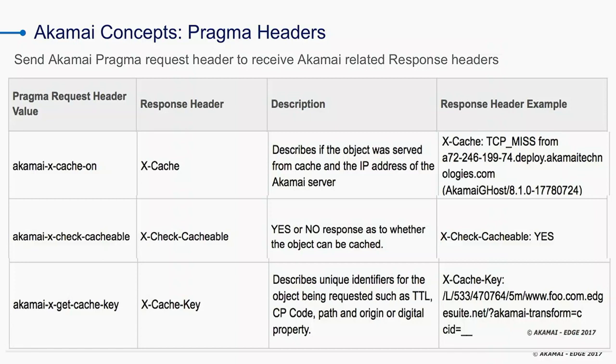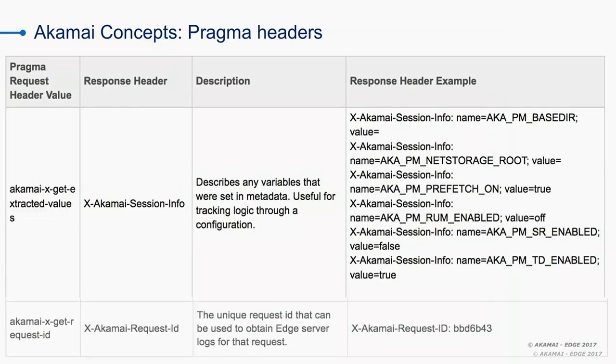And if you're doing any sort of cache key manipulations, for example, adding query strings because you're doing geographical based caching, serving different content to different geos, and you're changing that on Akamai, this will help you get all that information as well. Similarly, the session info one here is extremely important.